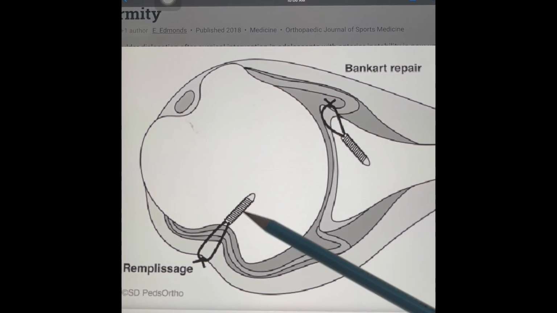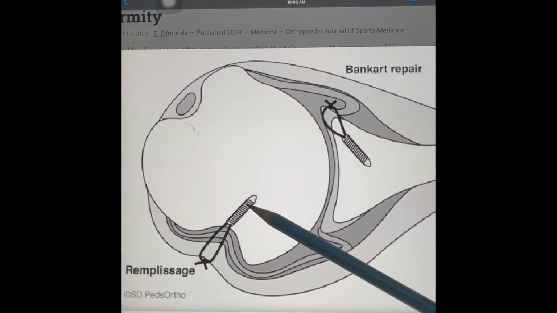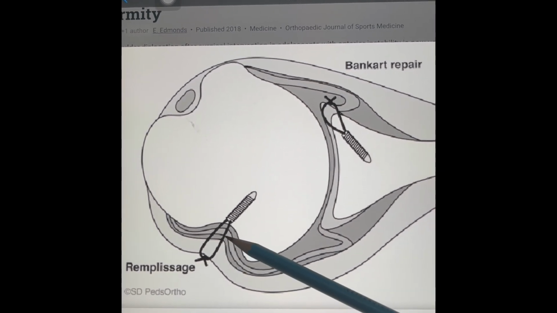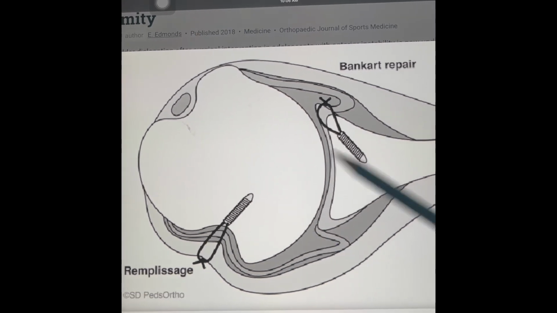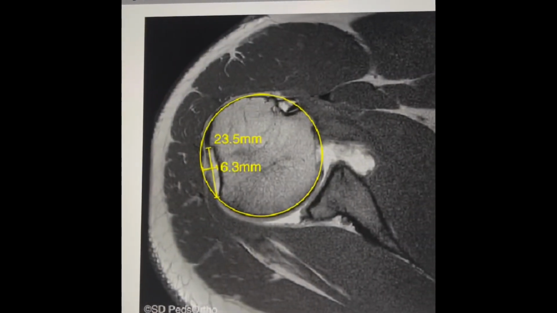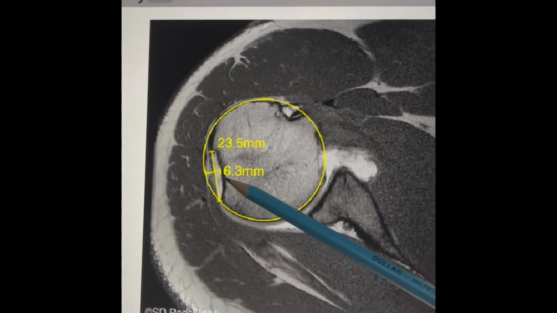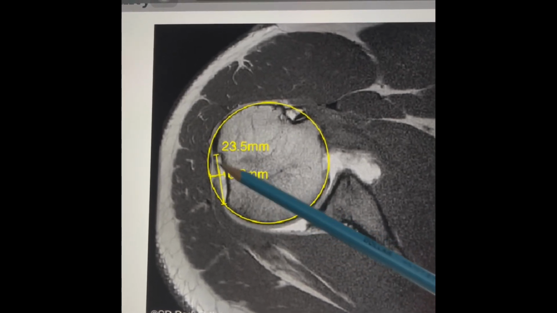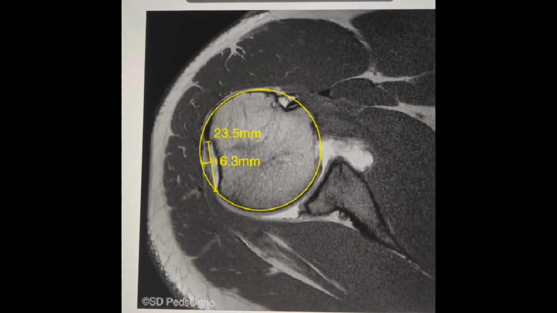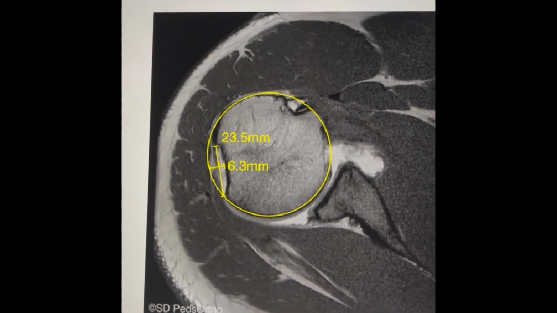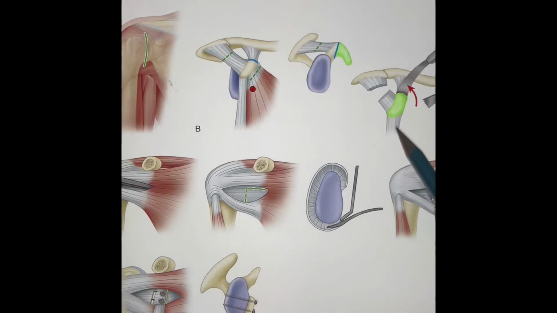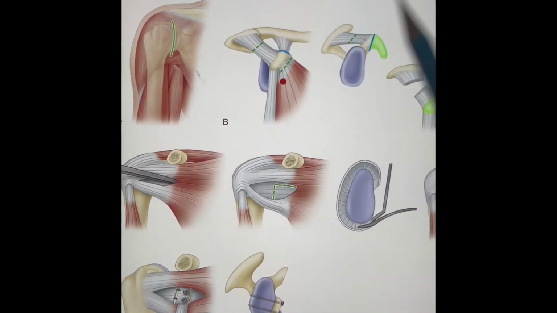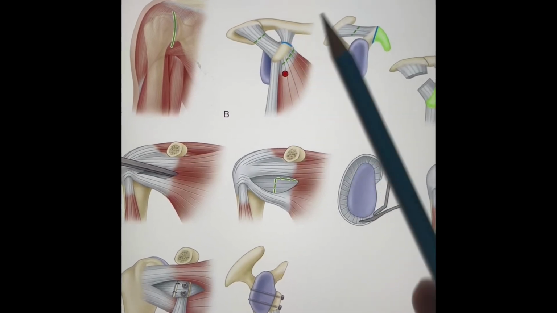We pull a suture anchor suture, and then we tighten it with the capsule. This is the MRI, which is to calculate the area of the lesion of the Hill-Sachs lesion. The Bankart procedure and the remplissage procedure.